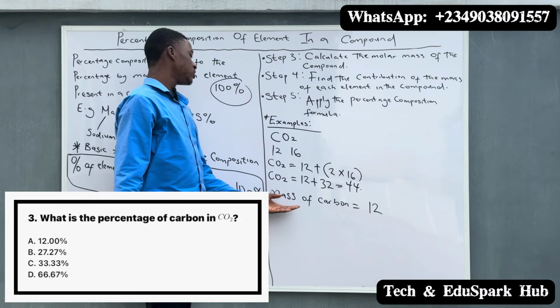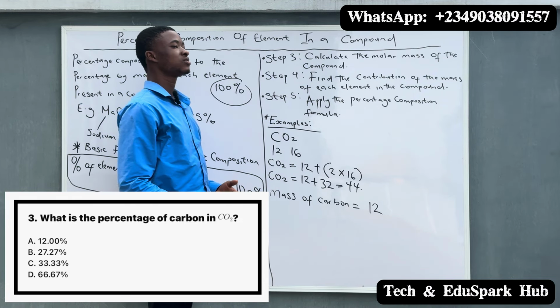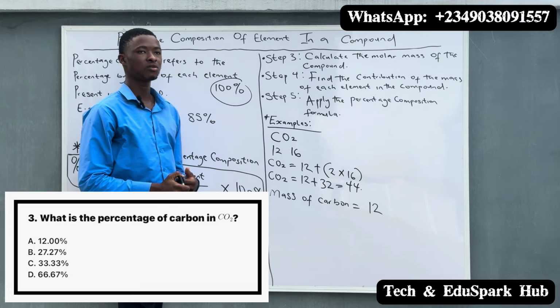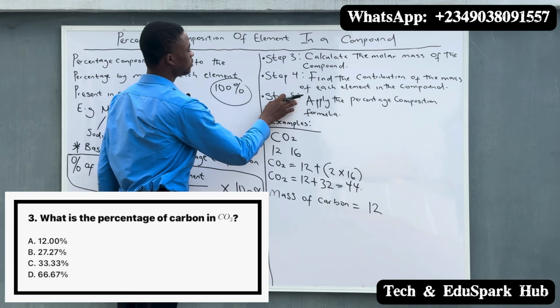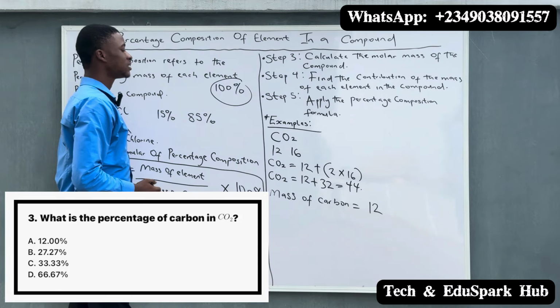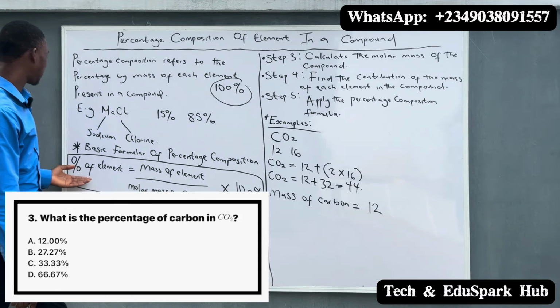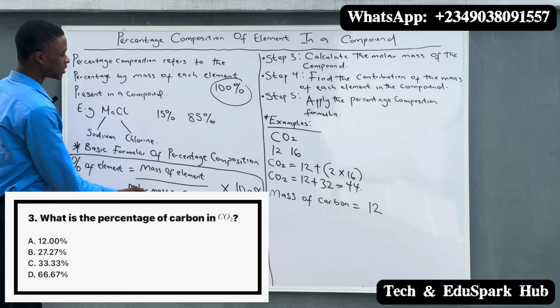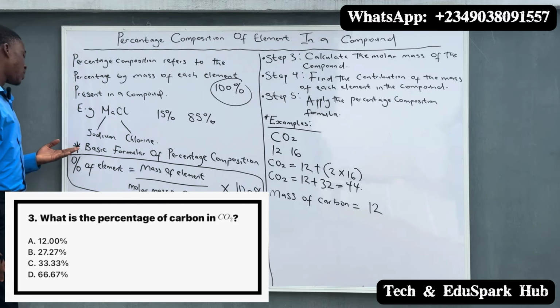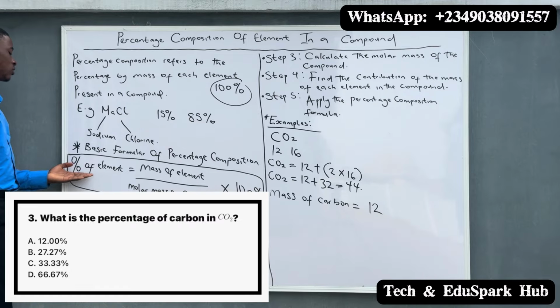So we are only working with the mass of carbon because the question is asking us to calculate the percentage composition of carbon in the compound. So we'll be moving to the 5th step, which is to apply the percentage composition formula. So we know that the percentage composition of elements is equal to the mass of elements divided by the molar mass times 100%. So we are working with carbon. It will now be percentage composition of carbon.